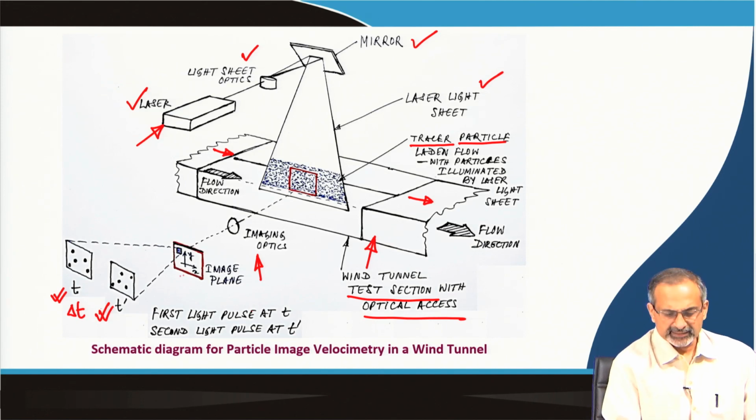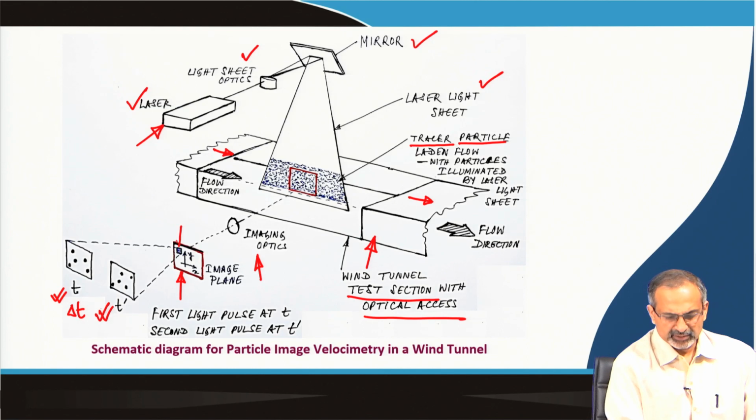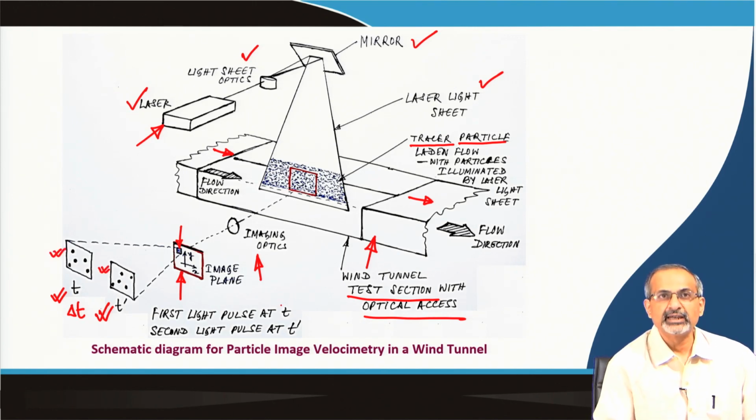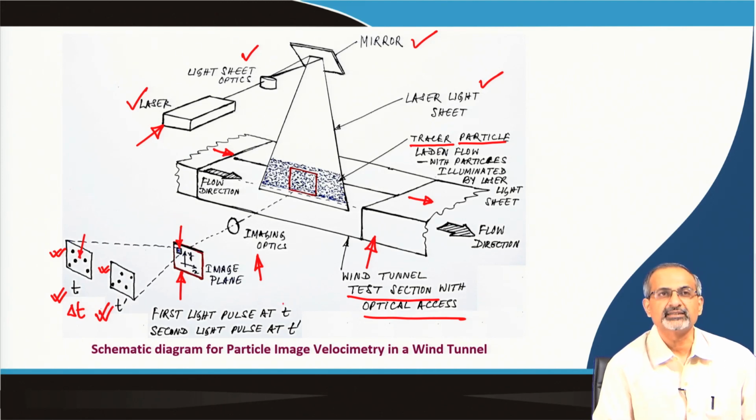When we look at the entire image captured by the camera, each image is again broken down into smaller regions like this, the shaded square region, and we are essentially zooming into those shaded smaller regions, which you will later learn are called interrogation windows. The dots that you see in each image are basically the illuminated particles.